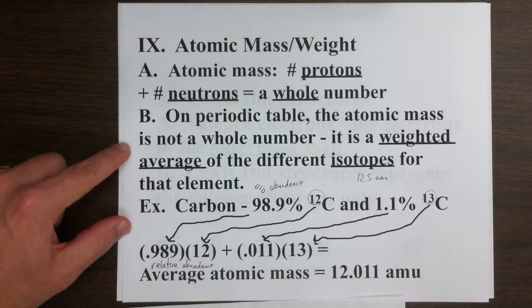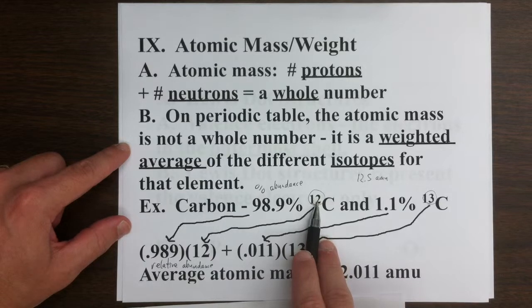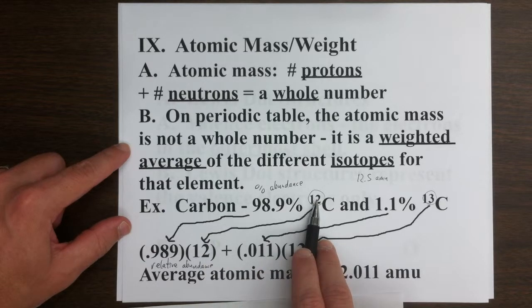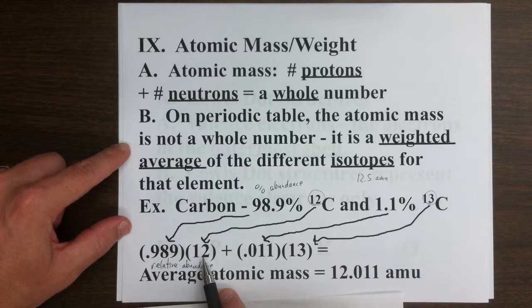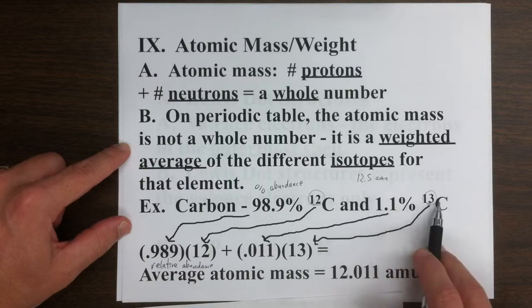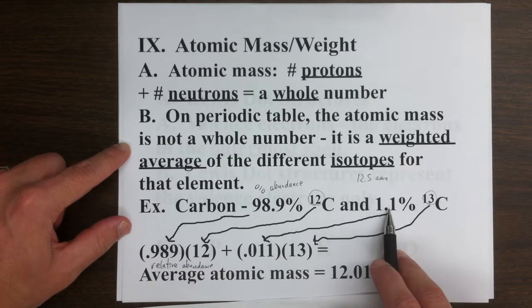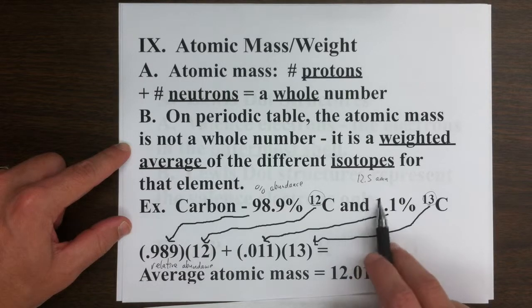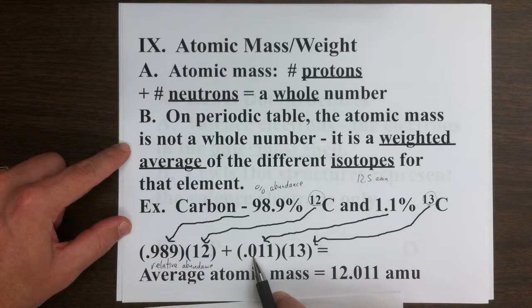So we take the relative abundance of our first isotope, in this case carbon-12, so 0.989. Then we simply multiply it by the mass, 12. Now we're going to do the same thing for our next isotope. We have 1.1% carbon-13. Dividing this by 100, remember that there's going to be another 0 in the place here, so we have to put it in front.